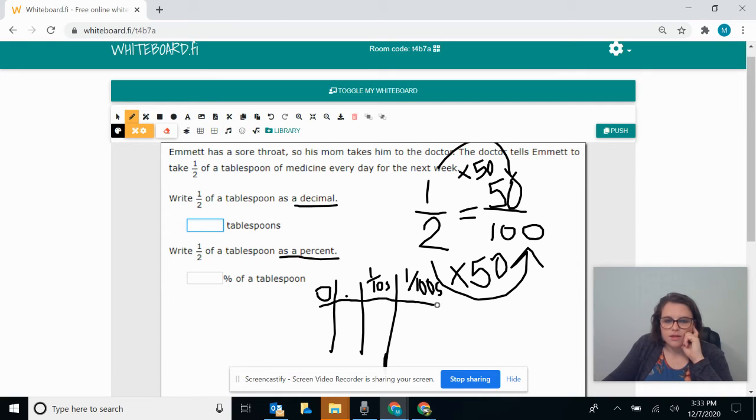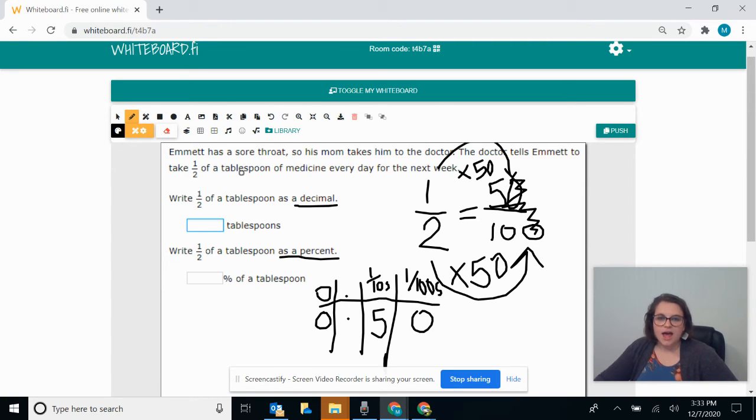Well, 50 over 100 is the same thing as saying 5 over 10. So I can write my decimal point right here, my 5 in my tenths spot, because it's like 5 tenths, and then nothing in the hundredths. Then my answer would be 0.50.